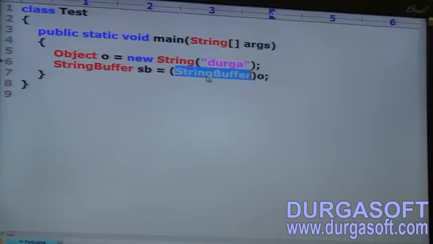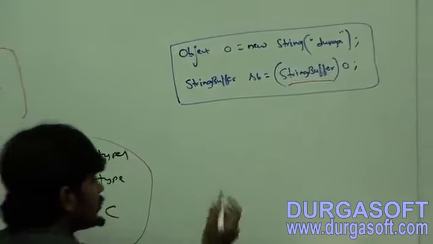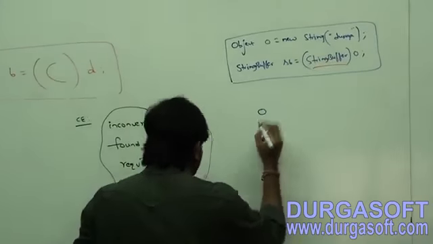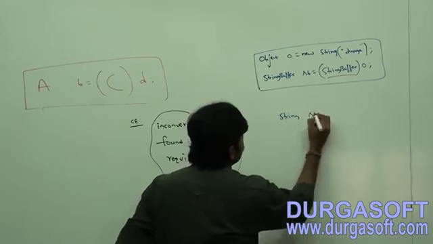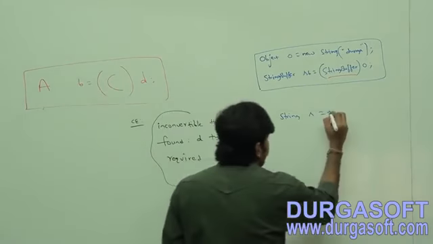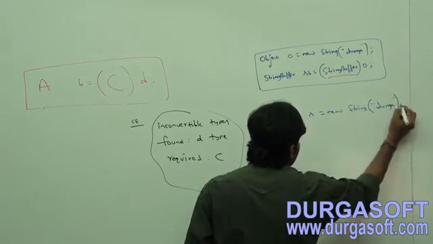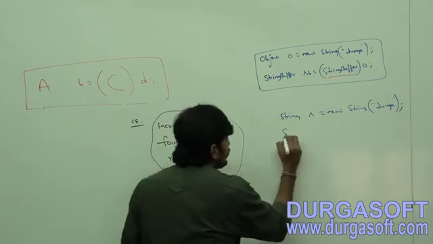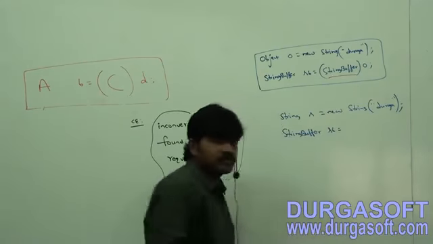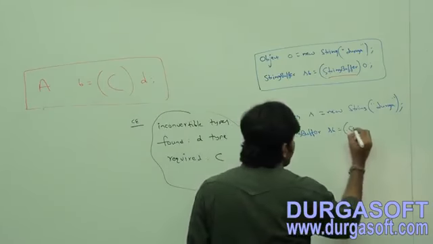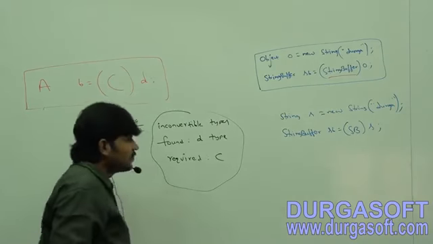Next, example 2. Listen to this one. At last, anyway, we will give the finishing touch about the last one. Example 2: String s = new String("Durga"); StringBuffer sb = new StringBuffer(s); Can you tell, is it valid or invalid?